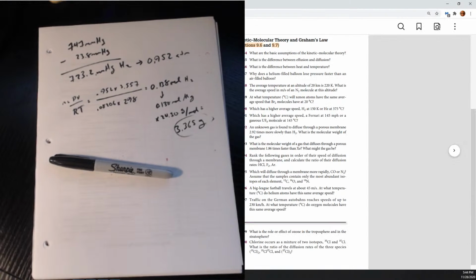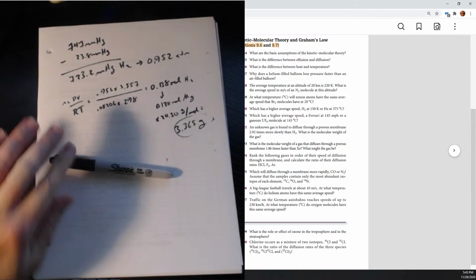Which has a higher average speed? Hydrogen at 150 Kelvin or helium at 375 degrees Celsius? That's a good question. Hydrogen will have a higher average speed at the same temperature, but they're not at the same temperature.